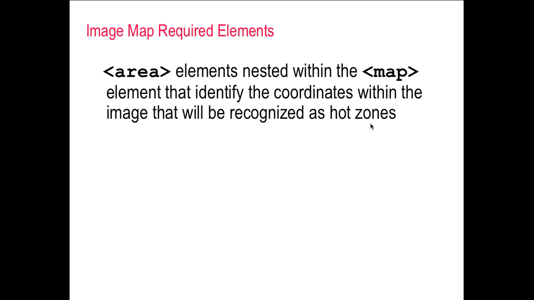So we have the area, and we'll see this all put together in an example in a few minutes. The area element is nested inside of the map, and it identifies the coordinates. So we have to have the coordinate system identified within the image so we can recognize what we're doing with the usemaps. We're identifying the regions that we're calling hot zones, so that when we click on the hot zones we have the desired functionality.